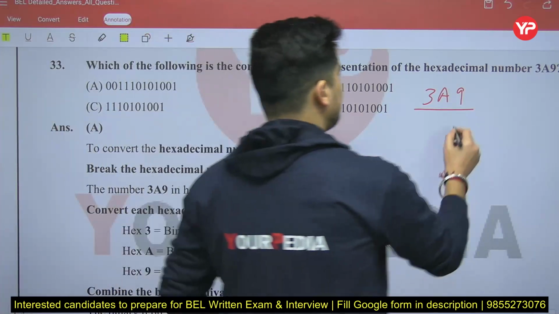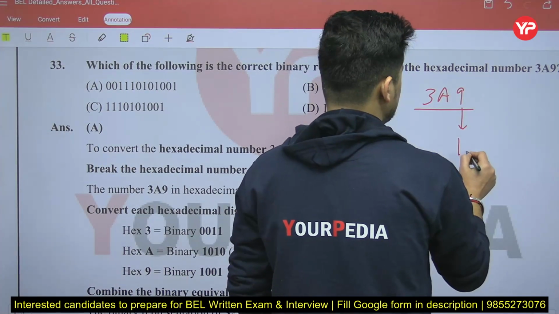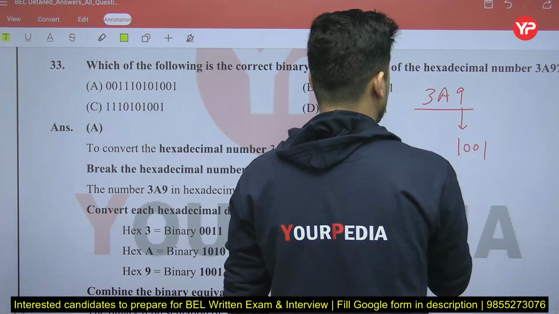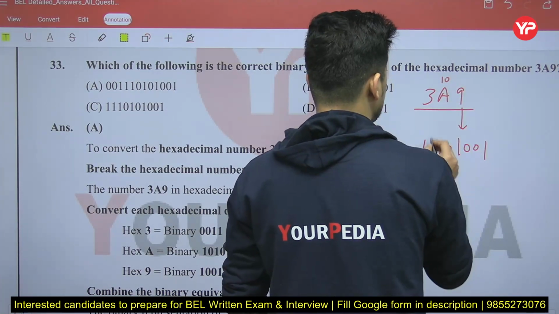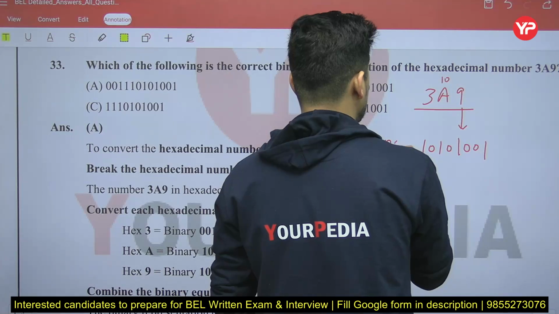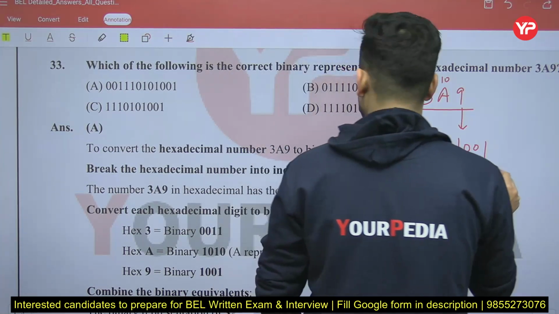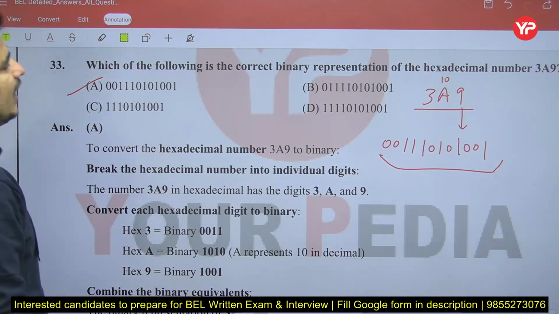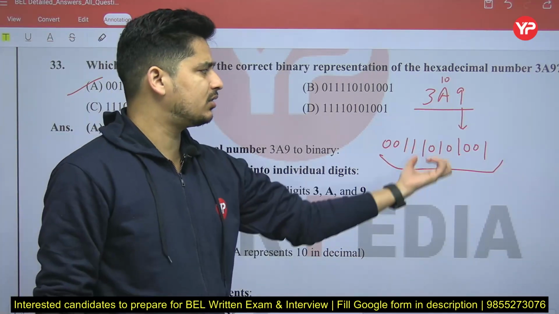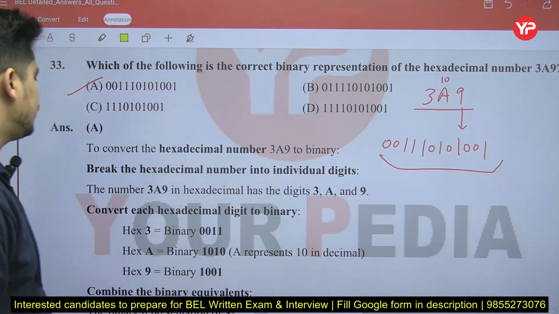So 9 can be represented as what? 1001. Next, A means 10. 10 can be represented as 1010. 3 can be represented as 0011. So that will be the answer. So the answer is A. So directly you can write a 4-bit code for each digit, right?